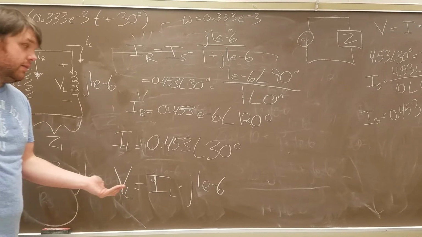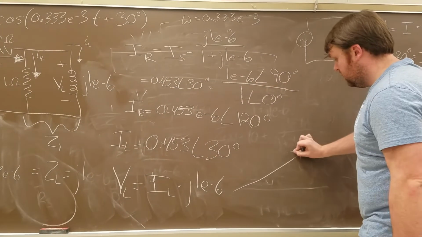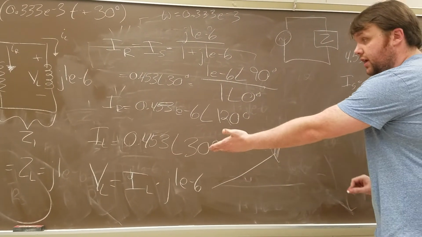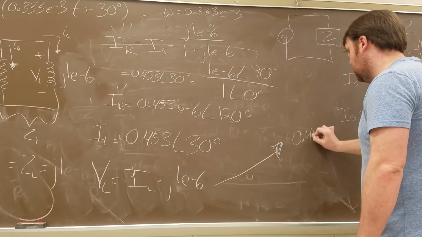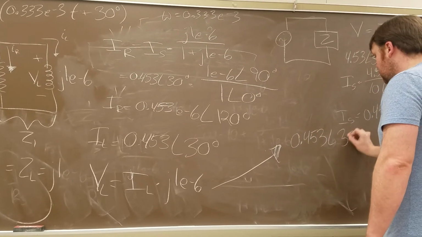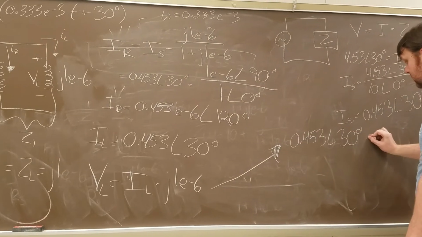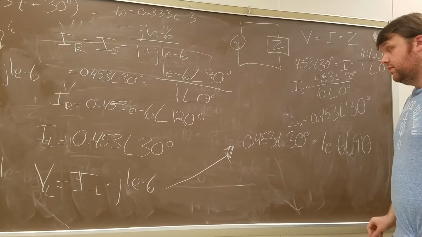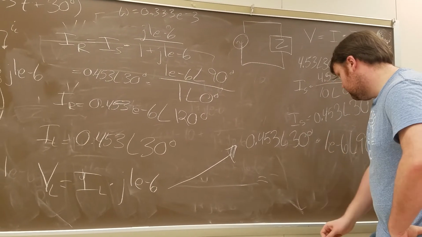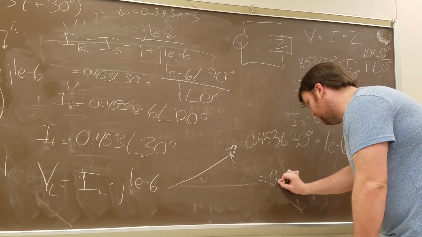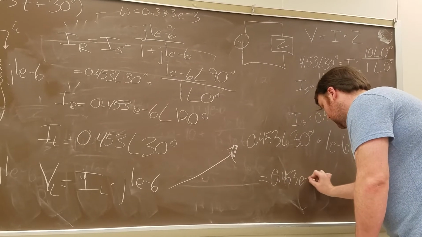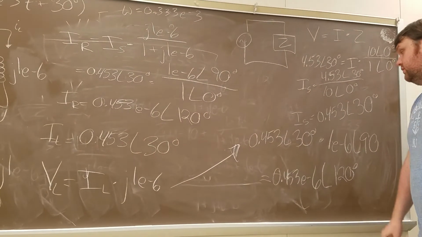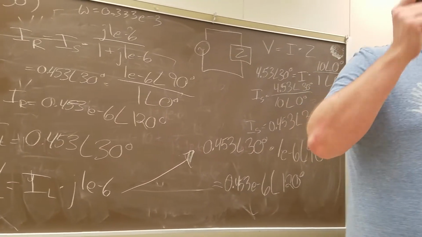Which, if you look at it, coming back here, my current is 0.453 angle 30 multiplied by 1e negative 6 angle 90. I get, let's see, 0.453 e negative 6 angle 120 degrees. You get an incredibly small voltage.